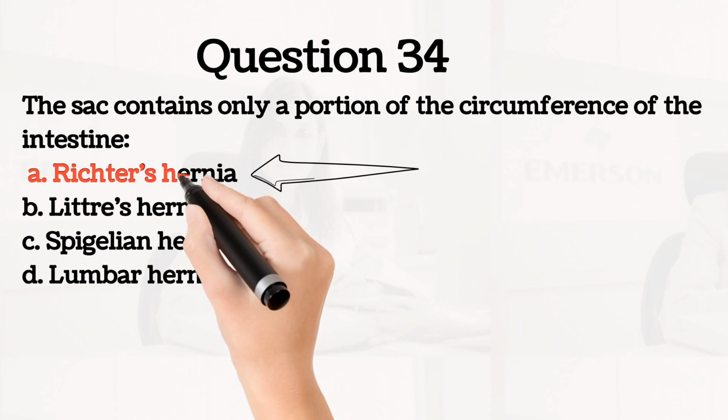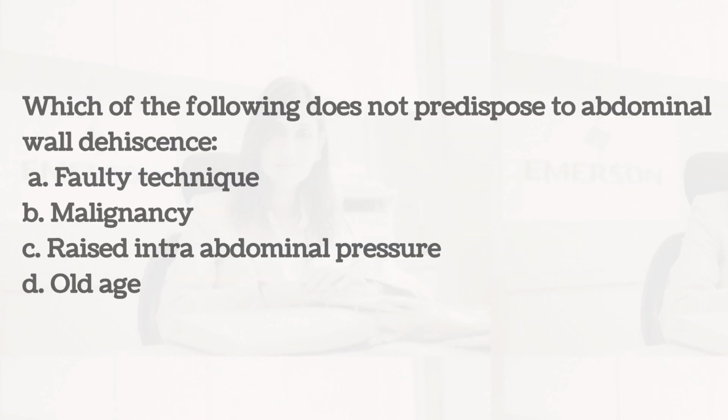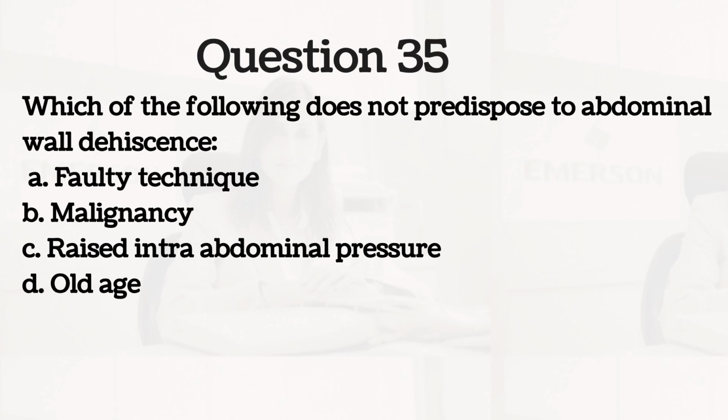And then you have question 35, which is saying, which of the following does not predispose to abdominal wound dehiscence? So we have A, faulty technique, B, malignancy, C, raised intra-abdominal pressure, D, old age.